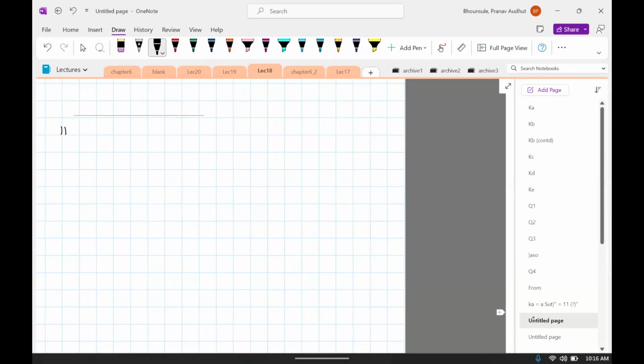For part two, A is f times Sut, the whole thing squared, divided by Se. And then B is minus 1/3 log of Se divided by f Sut.